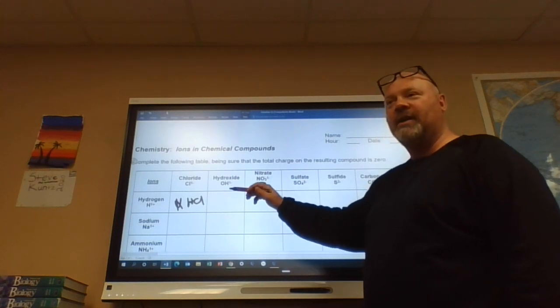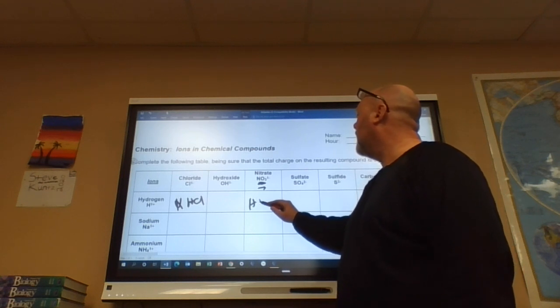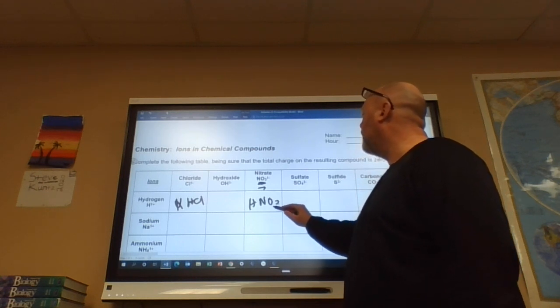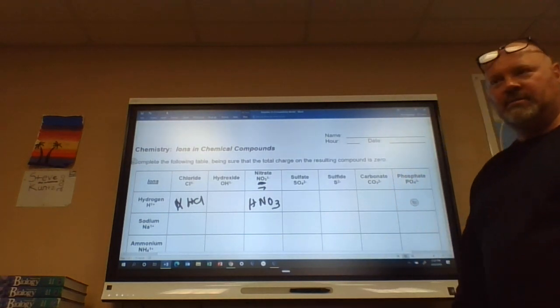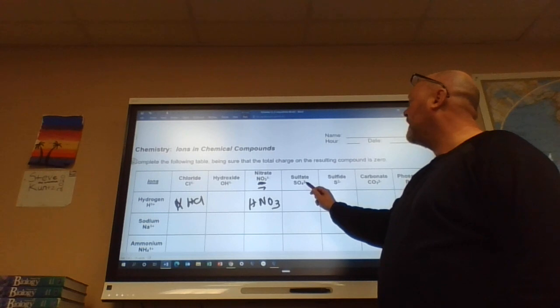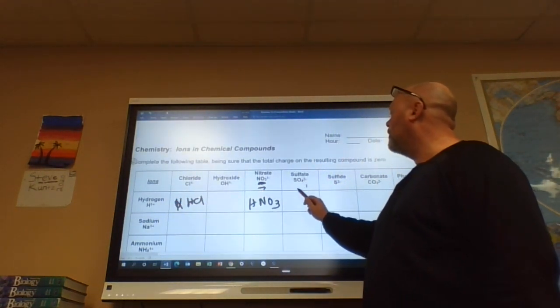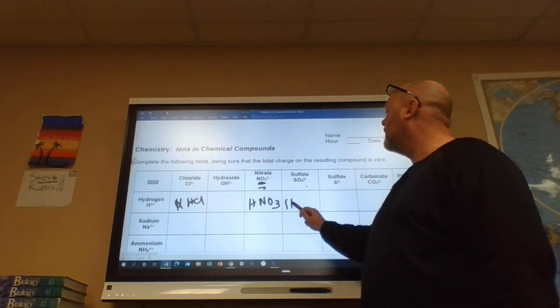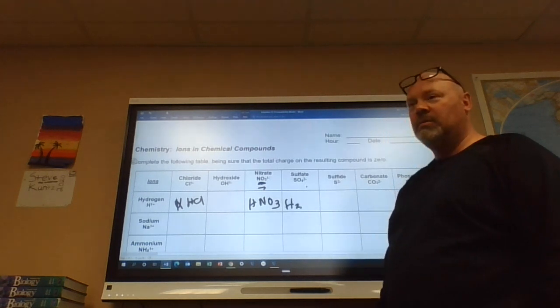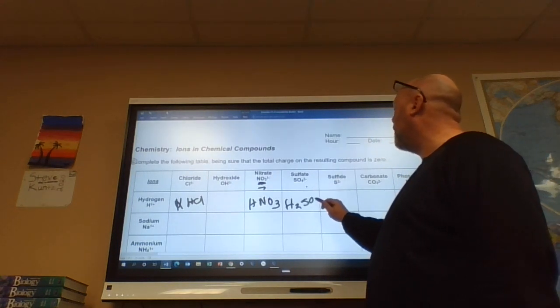But 1 and 1, they cross out. We don't have to write them, right? So we write HNO3. That's done. Okay? Now, we have a compound here that has a 2, and this is a 1. The crisscross means the 2 goes with the hydrogen. We write it as H2. And then the 1 we don't have to write, so we write it as SO4.